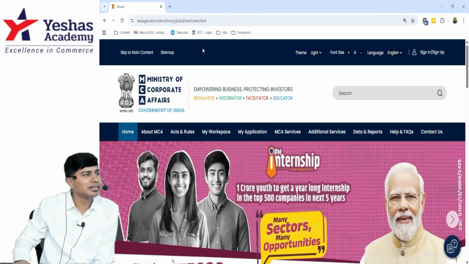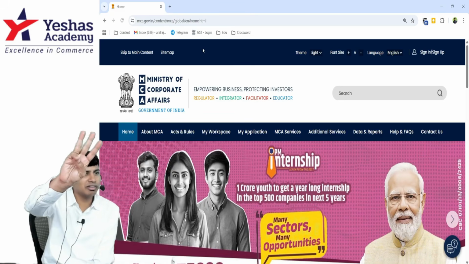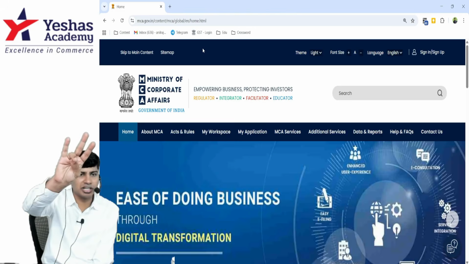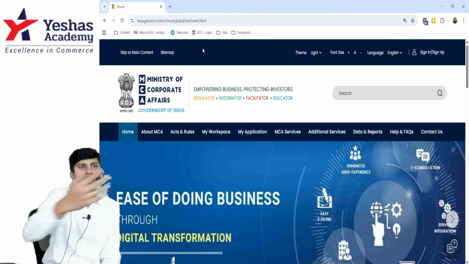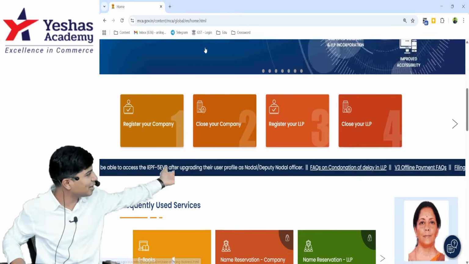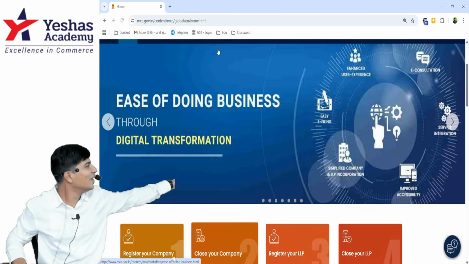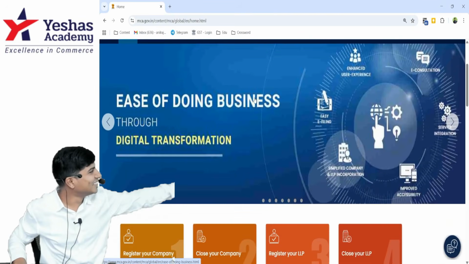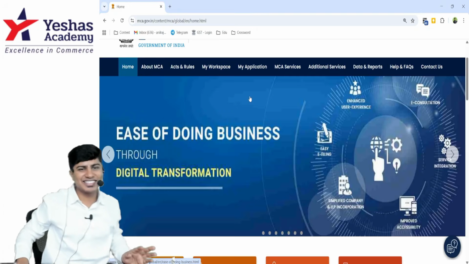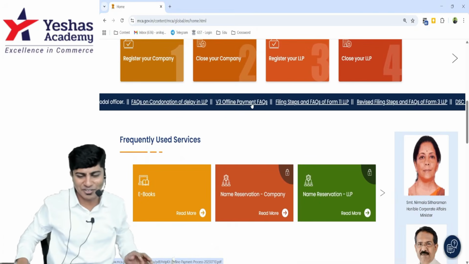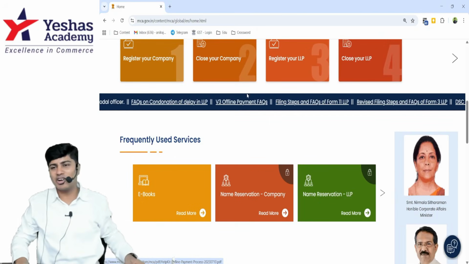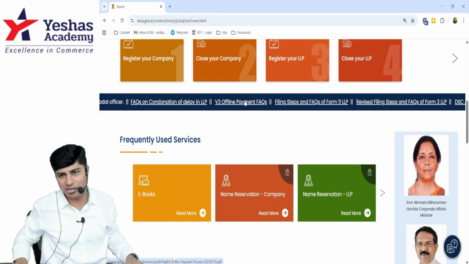Proper meme content. Meme number one, Narendra Modi uncle in memes. Number two, Amit Shah uncle. Number three, Nirmala Sitharaman. Smt. Nirmala Sitharaman is the minister for corporate affairs. See, they put an Aadhaar card photo of the minister. This is cheating. So, Minister for Corporate Affairs is Smt. Nirmala Sitharaman.